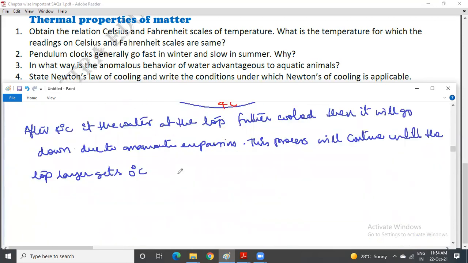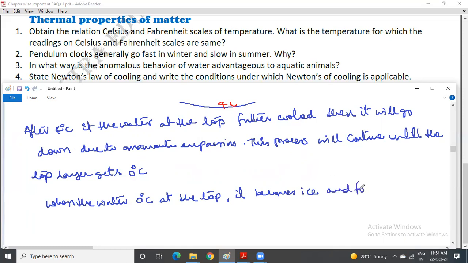So you need to write like this: when the water at 0 degrees centigrade at the top becomes ice, it forms a layer at the top.